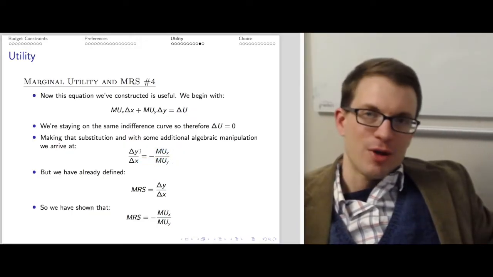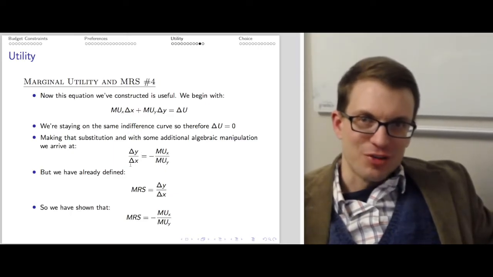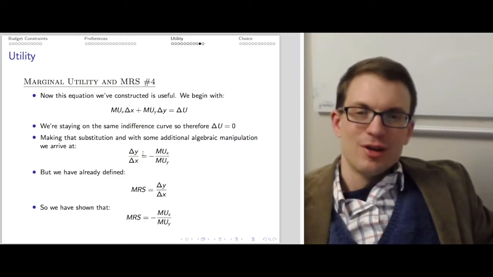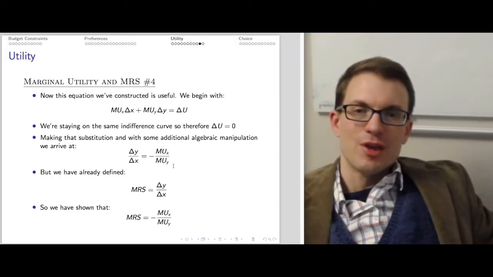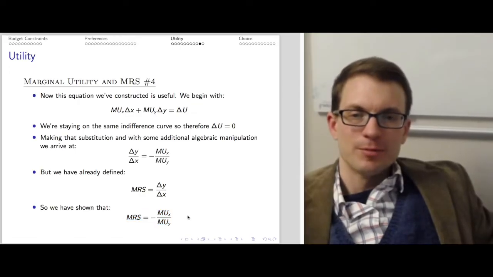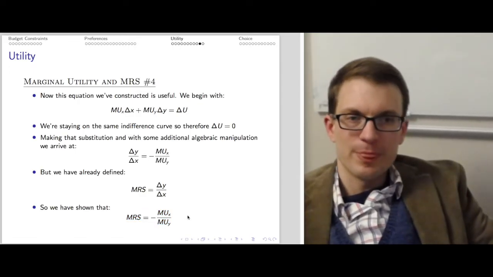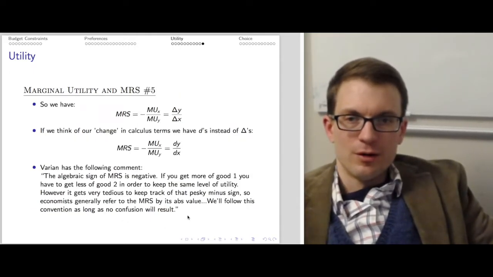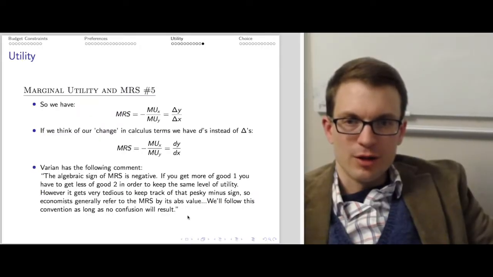So just like how we had delta x2 over delta x1 is equal to p1 over p2, the price ratio, as the slope of the budget constraint, here we have the slope of the indifference curve is the MRS. So the MRS is equal to this, or the MRS is equal to marginal utility of x divided by marginal utility of y. Okay.